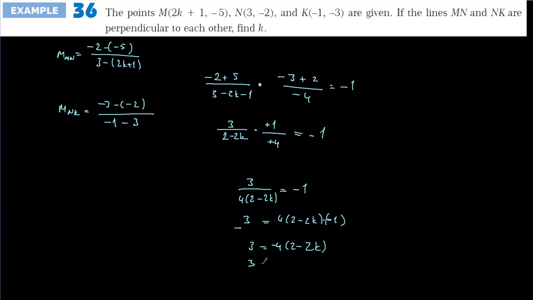Then 3 is equal to minus 8 minus 4 times minus 2k, which is plus 8k. If we leave the 8k on this side, it's 3 plus 8 equal to 8k. 11 is equal to 8k. Then 11 over 8 is equal to k. And this is the end of our lesson.